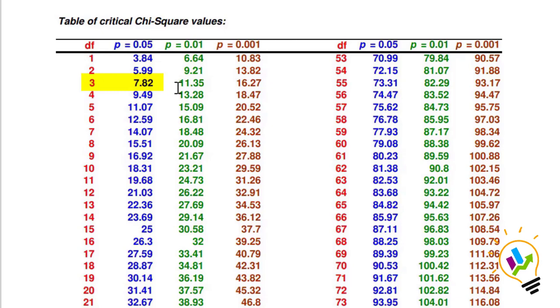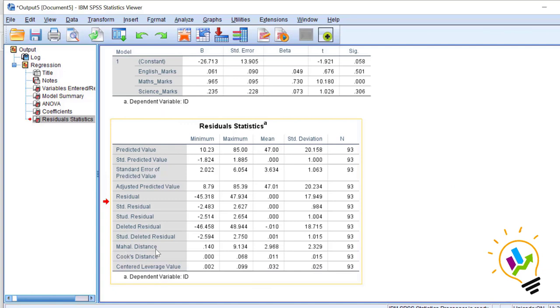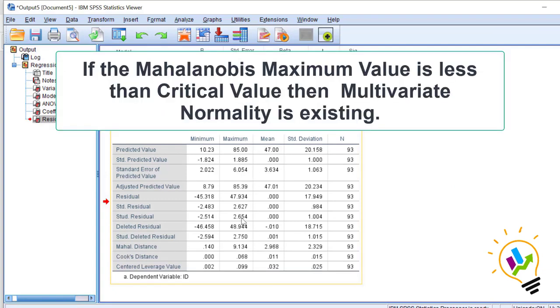At 95% confidence interval, significance value is taken as 0.05. So with degree of freedom 3 and p-value 0.05, the critical value is 7.82. Now see the Mahalanobis distance, the maximum value is 9.134.